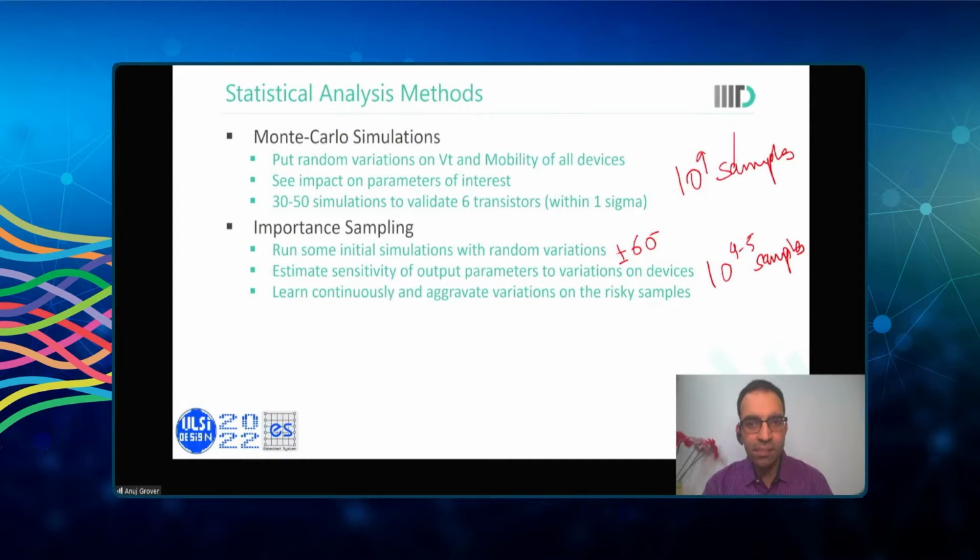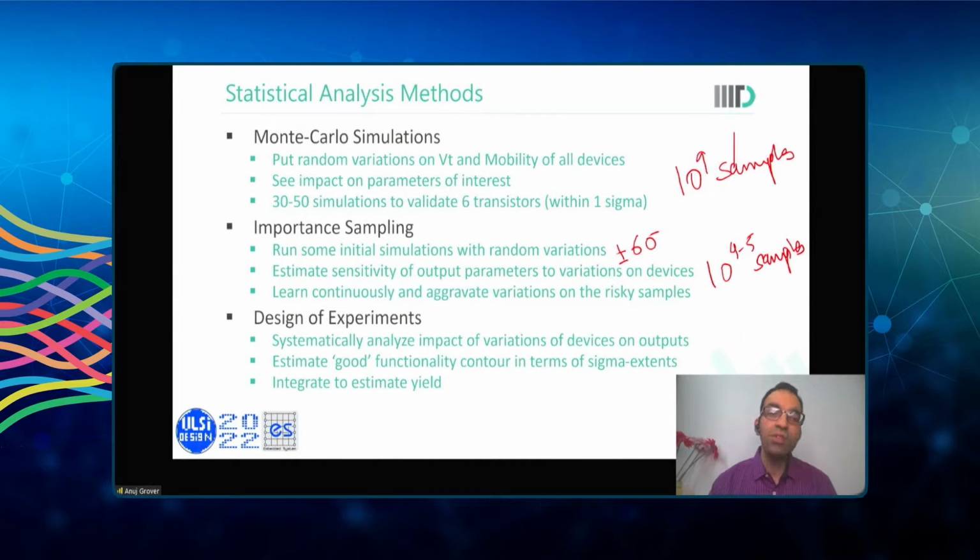Can we do better? For that, there are still more advanced methods, based on what is called design of experiments, in which the input variations are given sequentially one by one, and their impact on the output parameters is observed.